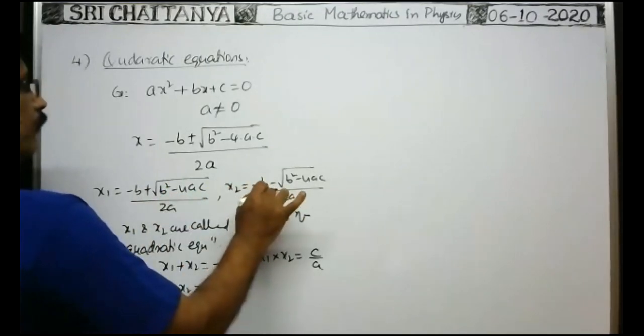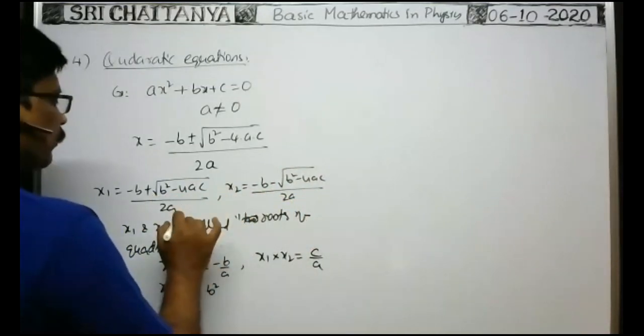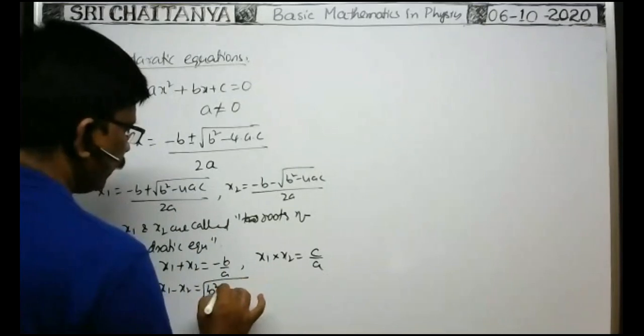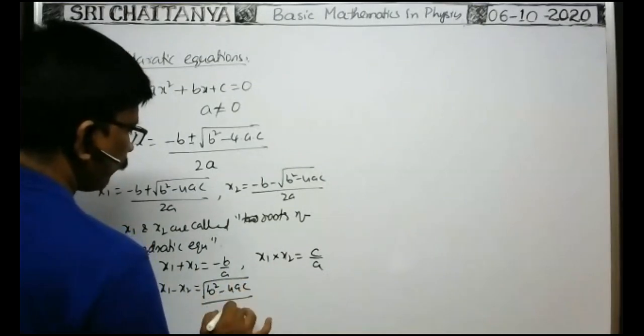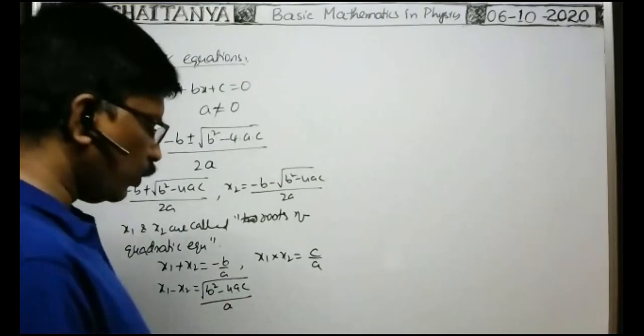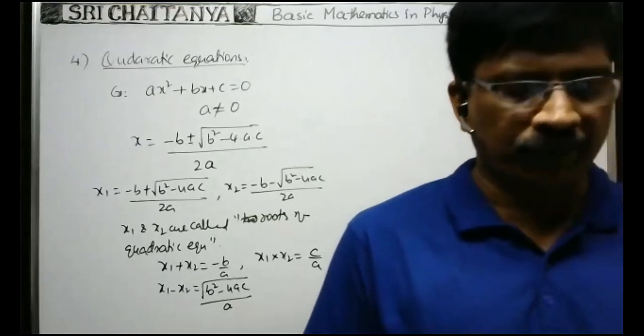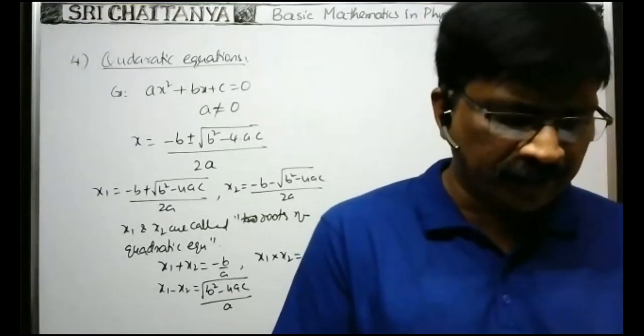Then this plus square root of this one gives square root of b square minus 4ac by a only. But in your notes, the root is not there, you change them.